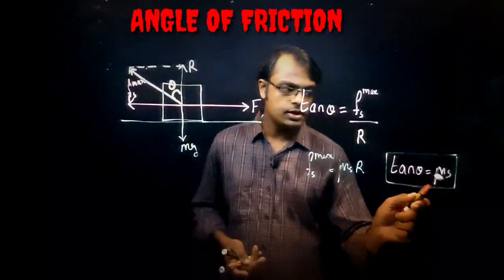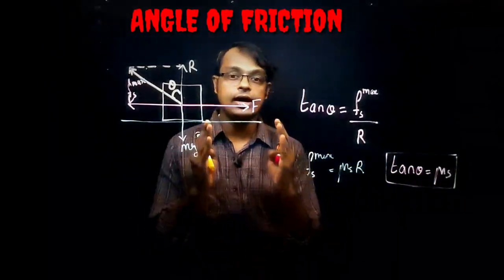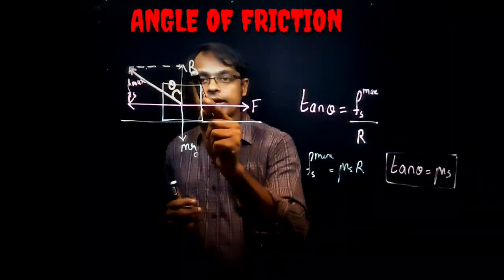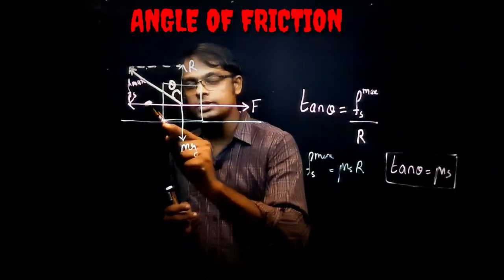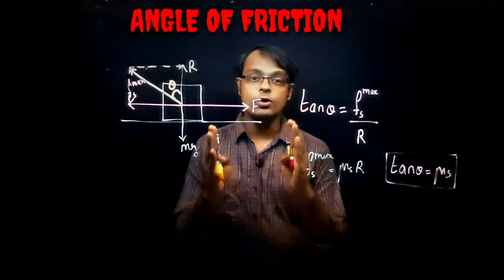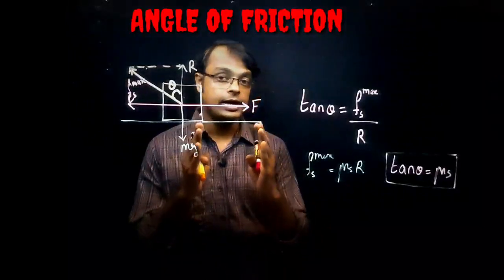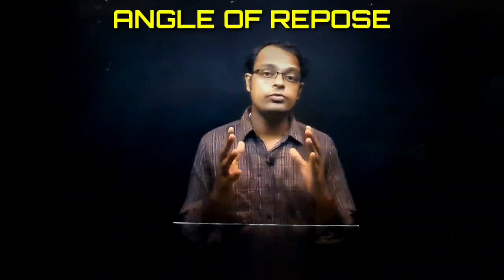Mu s is the coefficient of static friction, and here theta is the angle between the normal reaction force and the resultant of the normal reaction force and the limiting friction, and this angle is called what? Angle of friction.